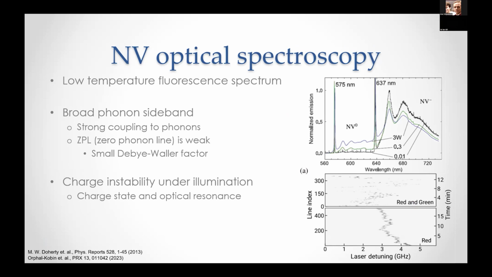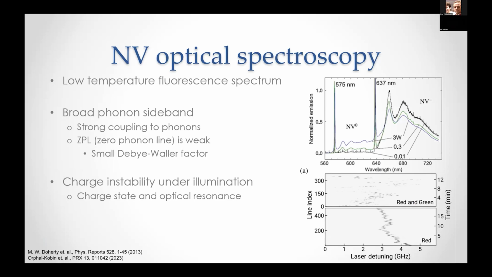This is, of course, all done at low temperature, because at high temperature everything is washed out by these phononic couplings. We usually excite our NV in green when working at room temperature. But of course, the coherent, low temperature coupling, if you'd like to do this coherently, is in red.